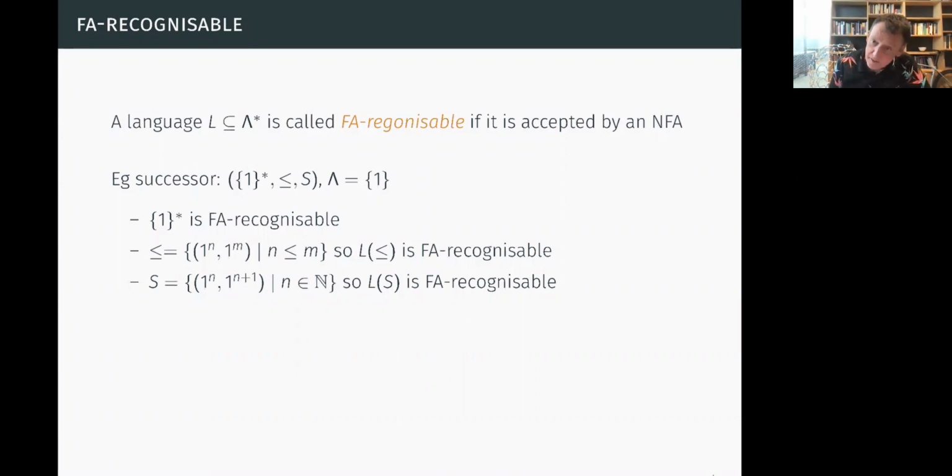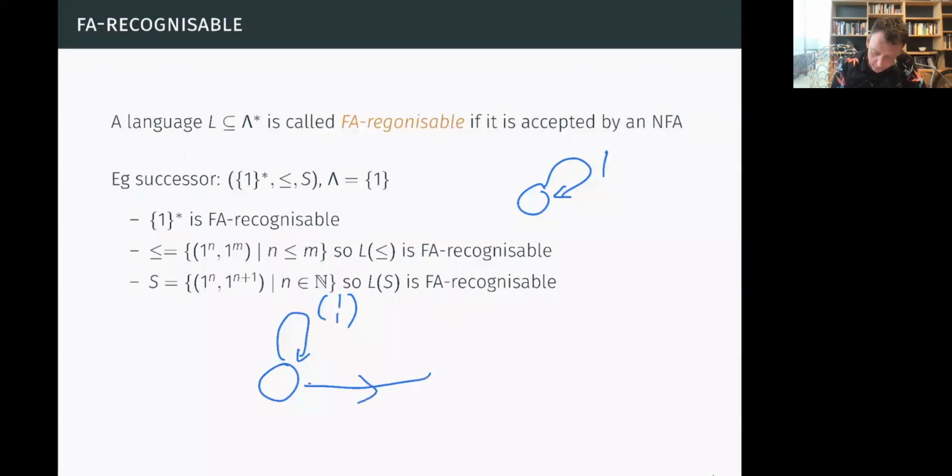So successor, that really simple one, the set of all strings of ones, I just drew a finite automaton with start and accept the same, accepting that. And now I need less than or equal to, so I'm going to have to accept letters that look like that. Remember the convolution? So eventually I'm going to have the first guy shorter than the second guy.